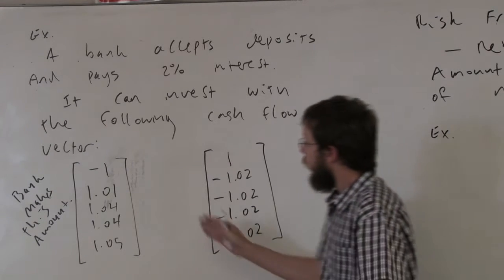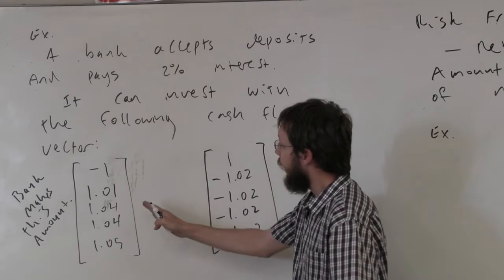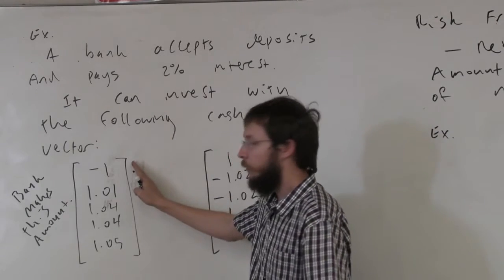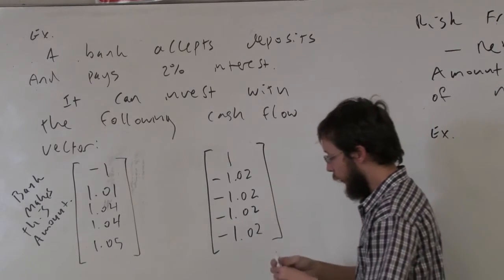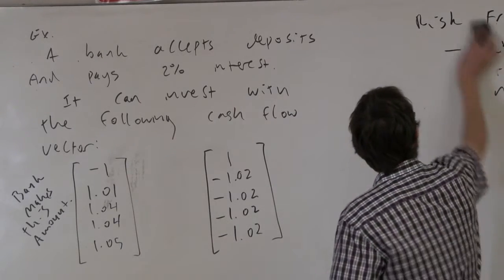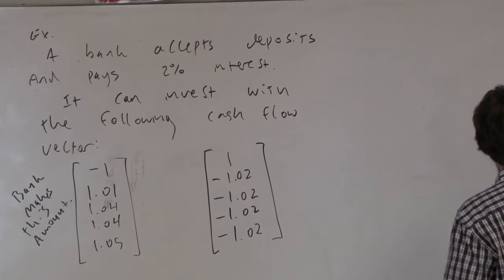So the bank can put these two together. It can take a certain number of these vectors and a certain number of these vectors and put them together, and it creates a whole new asset.